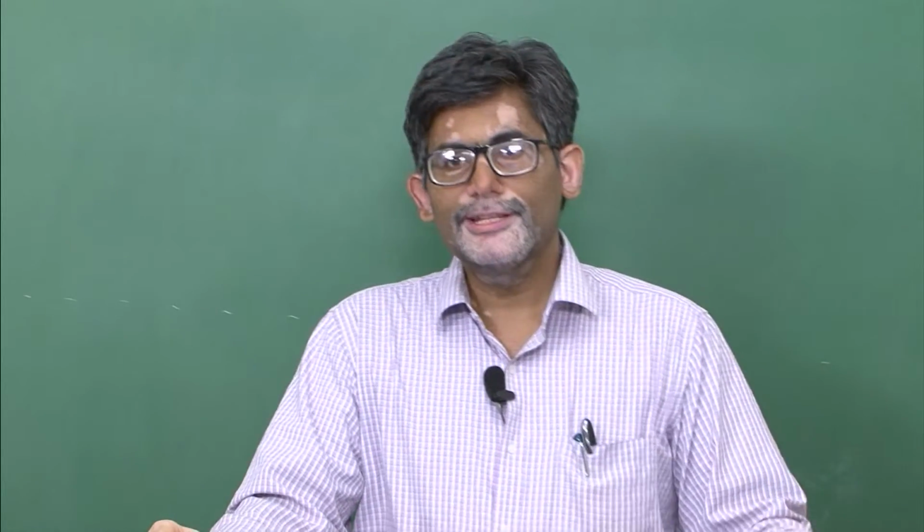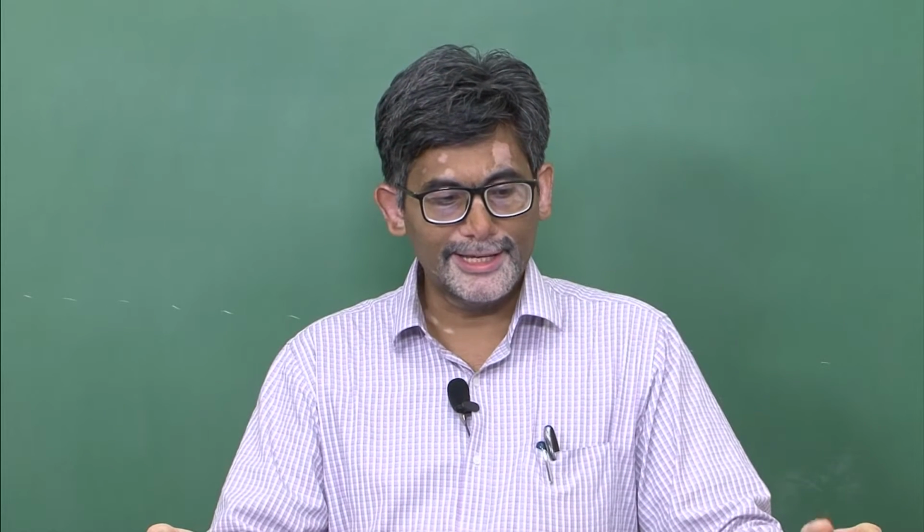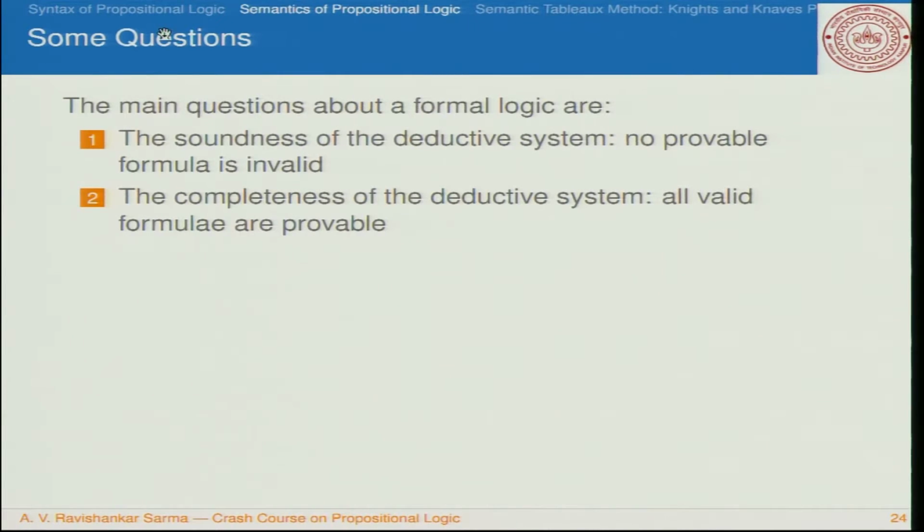So the basic questions that we ask in formal logic are these: the soundness of the deductive system. Any given formal logical system, we will be asking how sound it is, that means no provable formula has to be invalid, that means false. If something is proved, it has to be true.